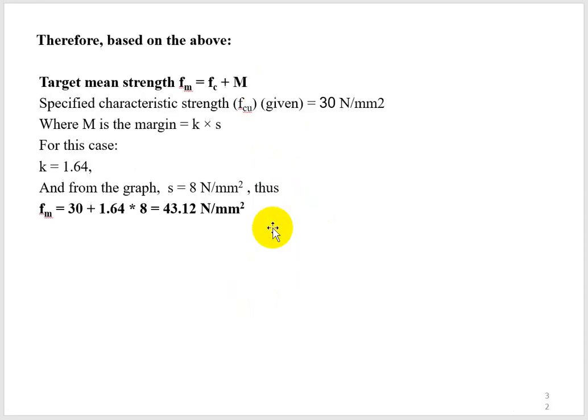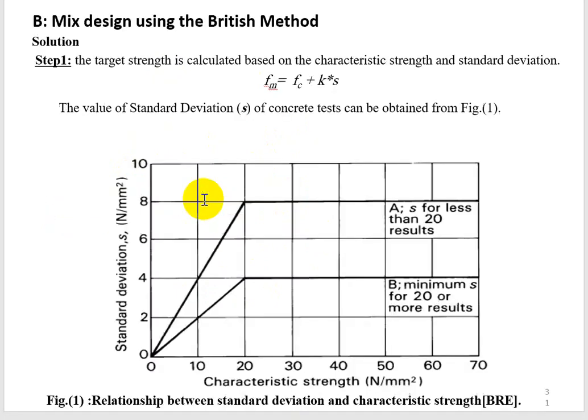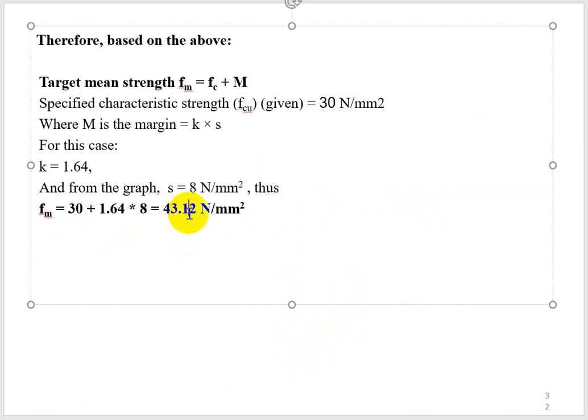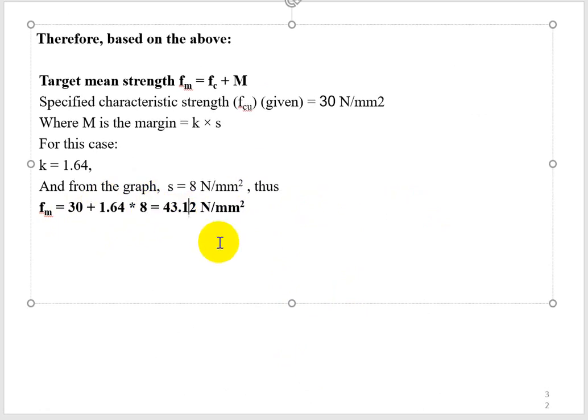We first find the target strength, and by applying the formulas, here the K is provided, the S says zone A, so we could just correspond the 30 megapascal against the right curve, and then we get the 8. So we have 8 megapascal, the standard deviation 1.64, the K multiplied by the 30 plus multiplying the M, so that will be the 43.